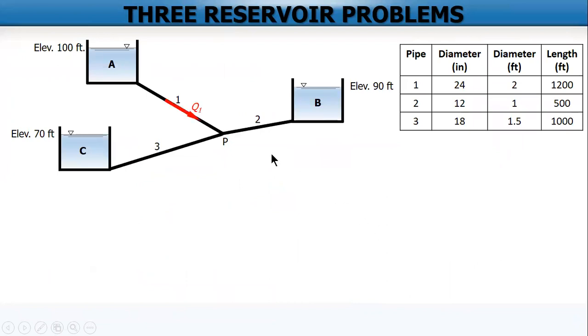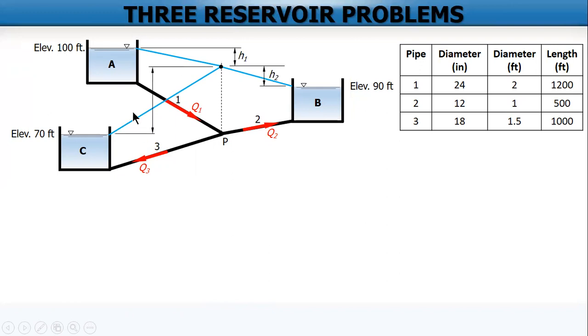So that is the flow. Q1, B will receive water. So let's plot the hydraulic grade line. Flow is left to right, so the hydraulic grade line will slope down from left to right. So it's higher than 90. And then H1, H2, and H3.